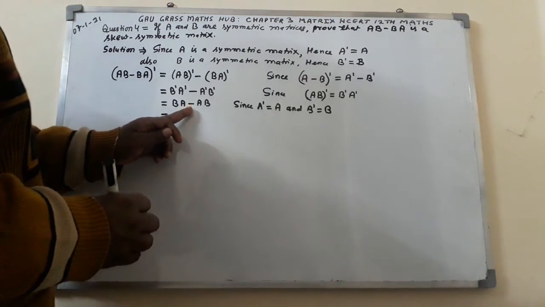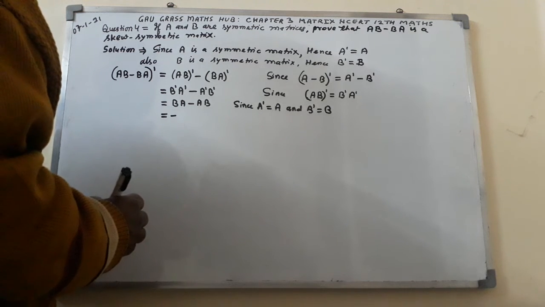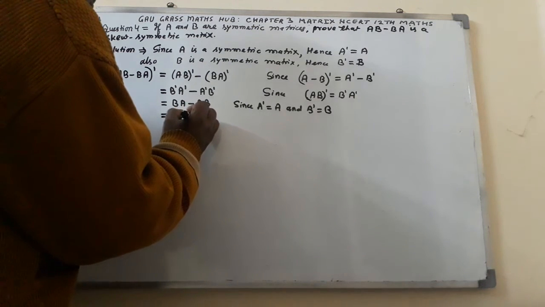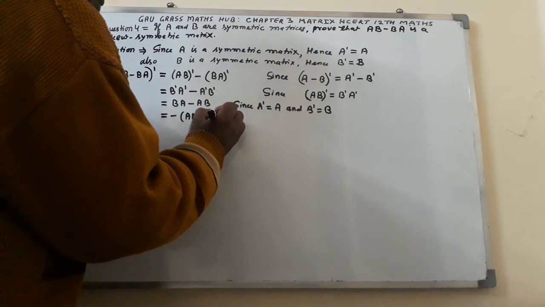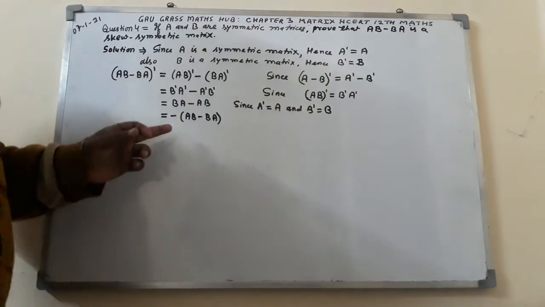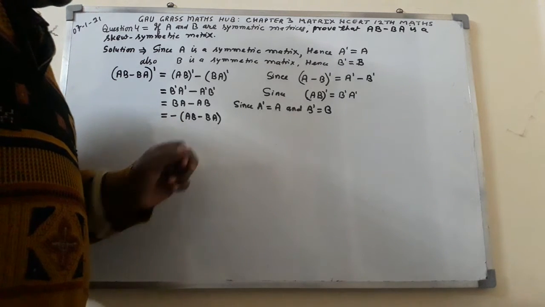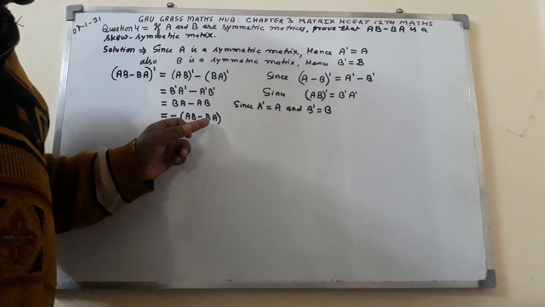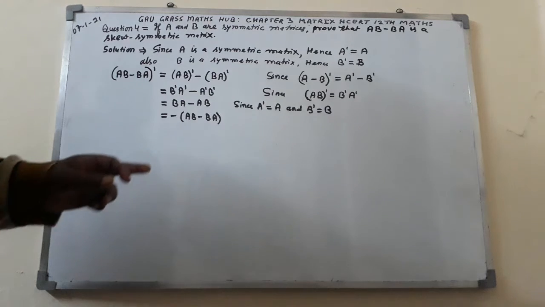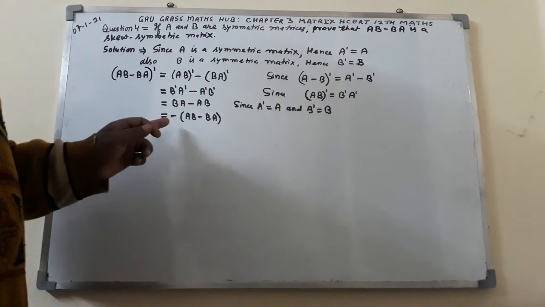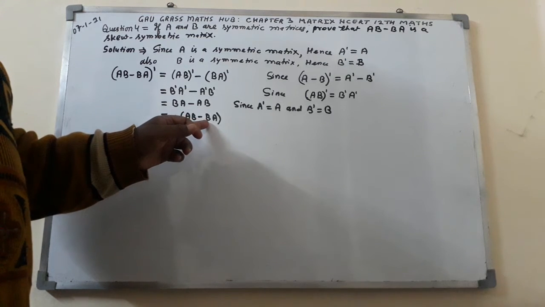Take minus as a common. So we will get AB minus BA. Minus will get entered inside, the circle bracket will be broken, and you will get BA minus AB.